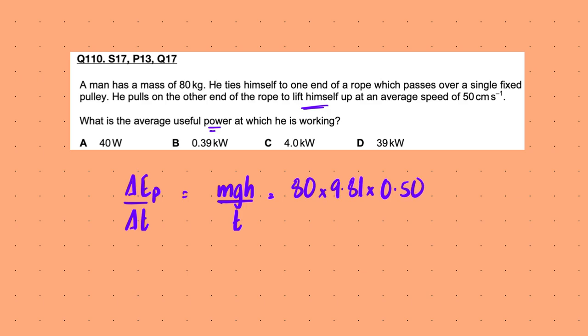So 80 into 0.5 is 40, and 40 into 9.81 is approximately 400 watts, and 400 watts can be written as 0.4 kilowatts. So that's B. The reason I'm doing this this way is because I don't have a calculator with me right now.